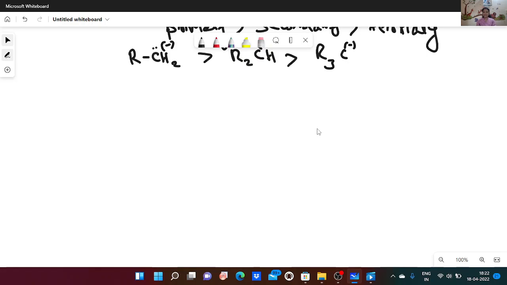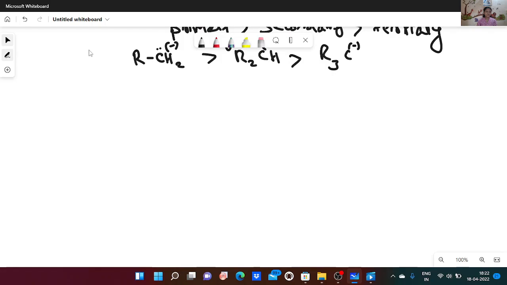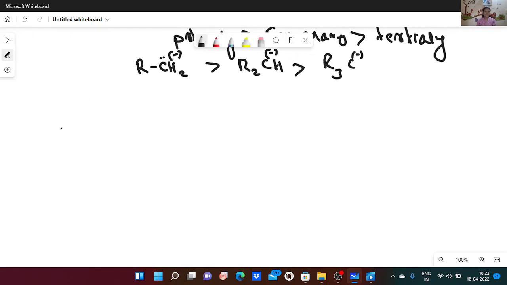And another thing that is also important: when the carbanion is connected to an unsaturated functional group, examples of that type are given in your textbook. When CH3CHO, acetaldehyde, reacts with a base, as we saw first, you will get CH2 minus COH.